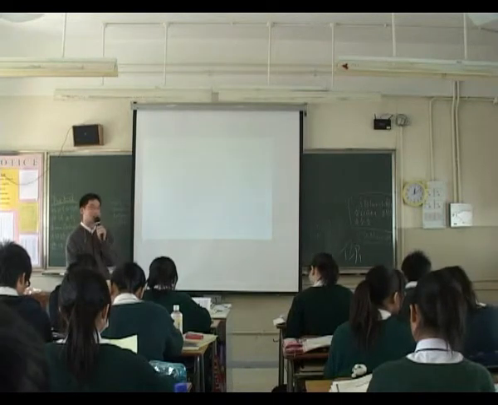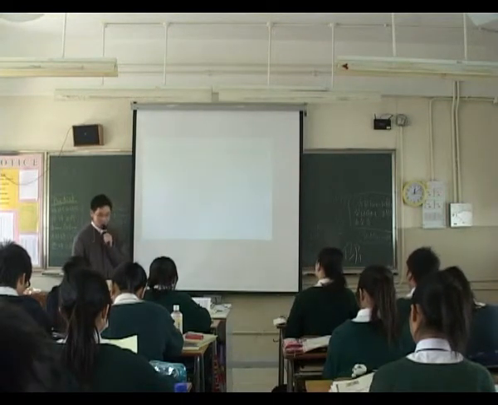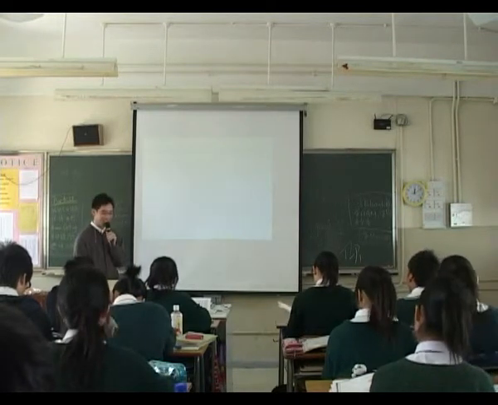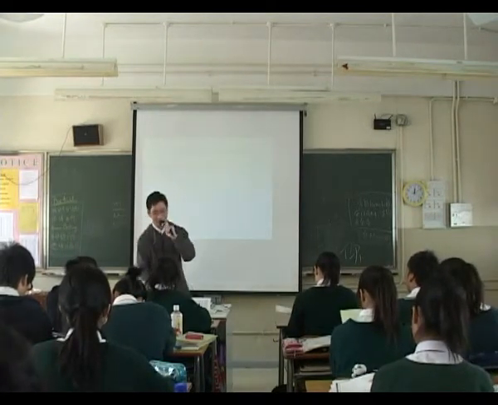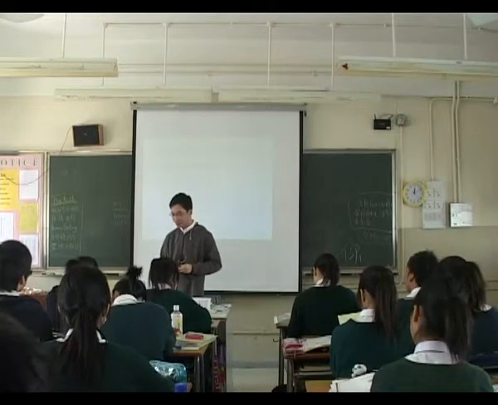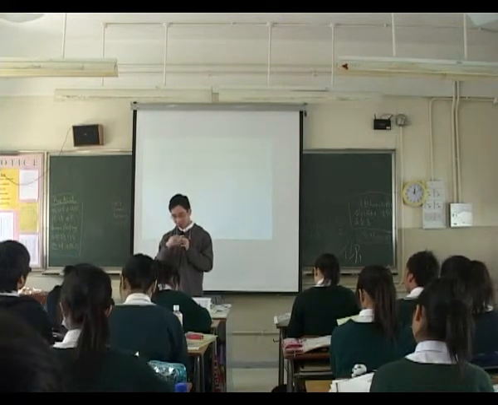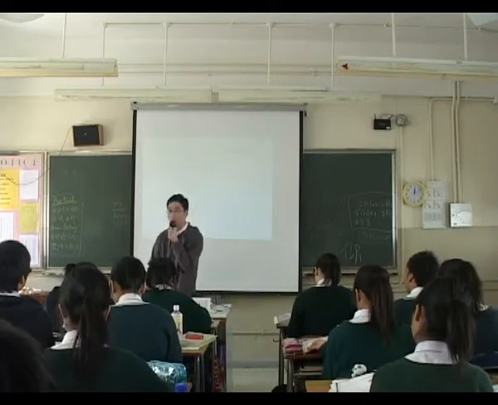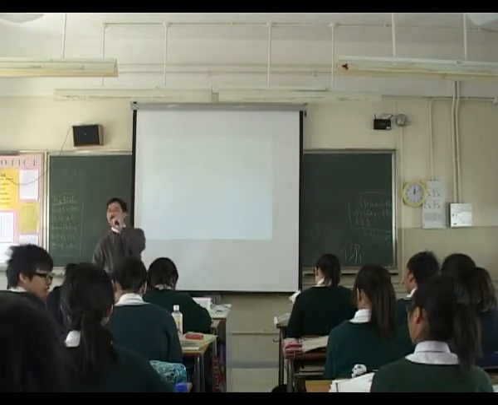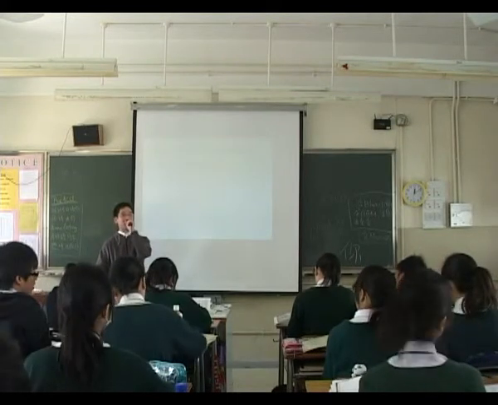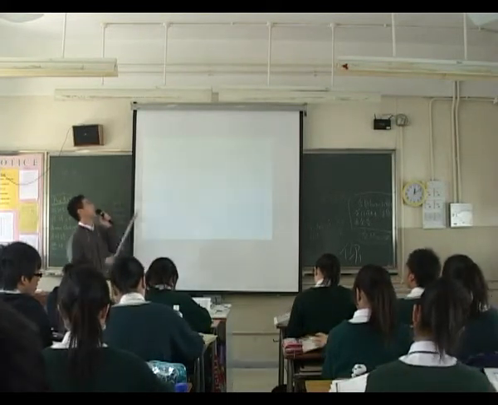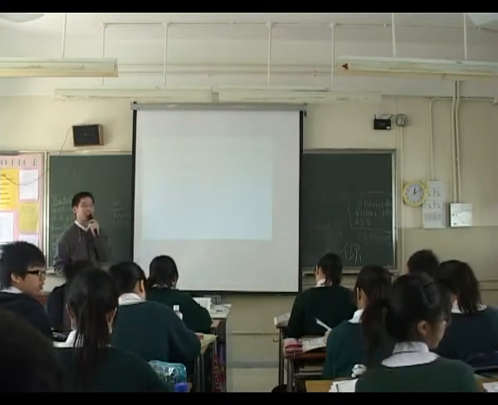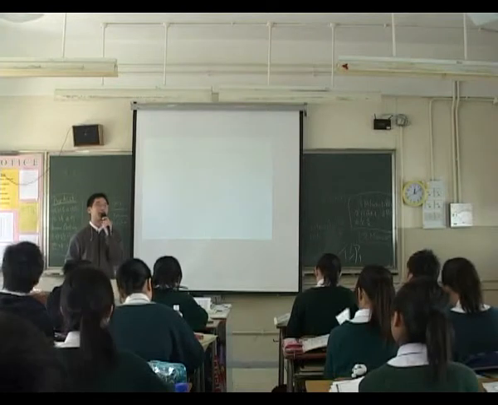So, photosynthesis and respiration. Can anyone recall the word equation for photosynthesis? That's a question that I always ask you. Oh, you are here. So what is the word equation for photosynthesis? Yes.